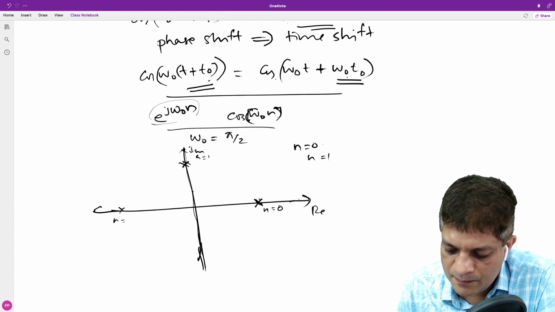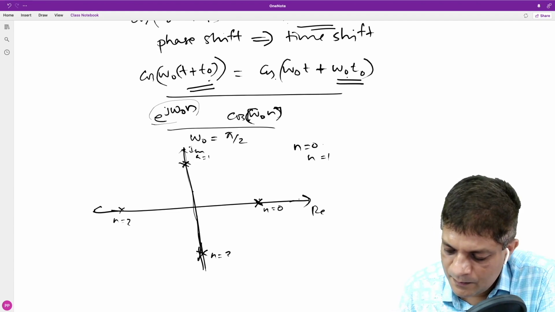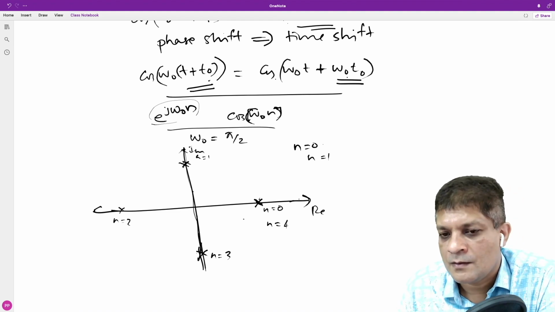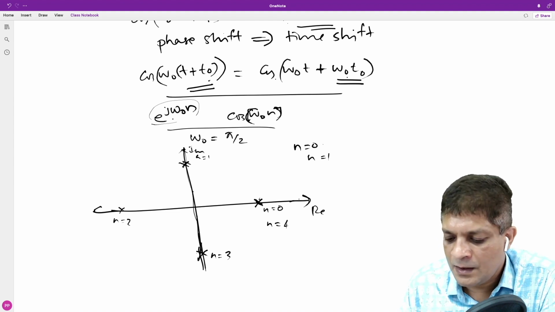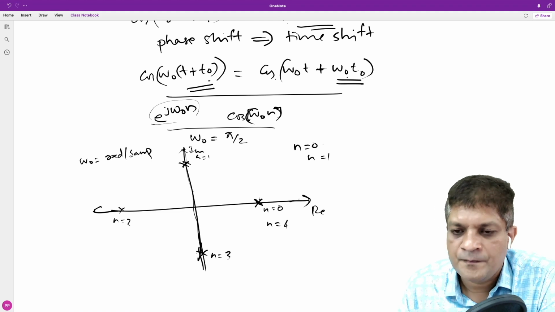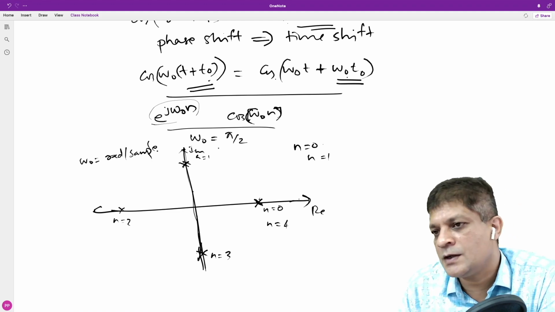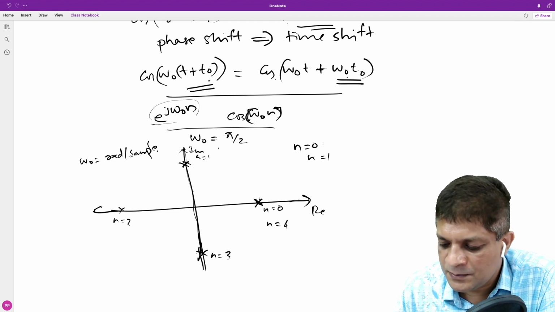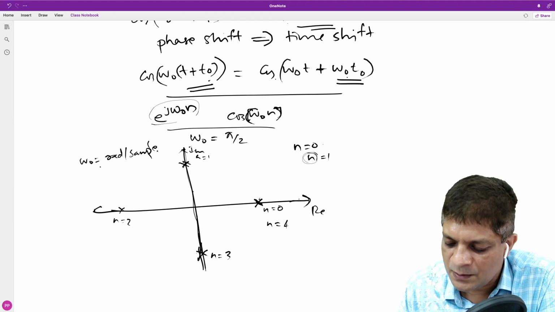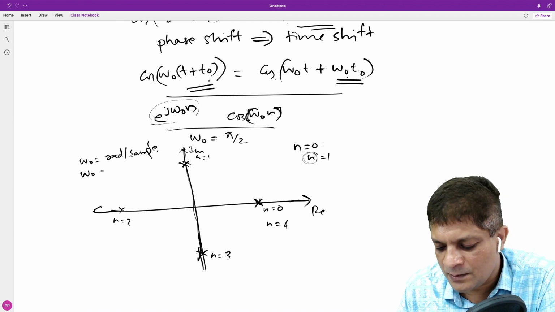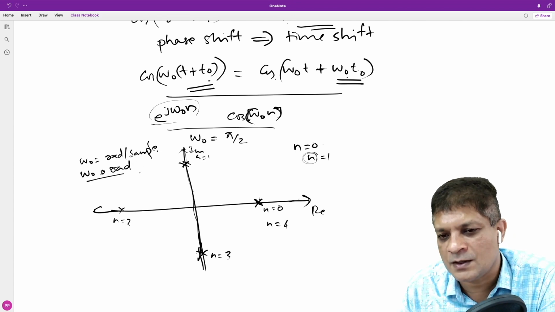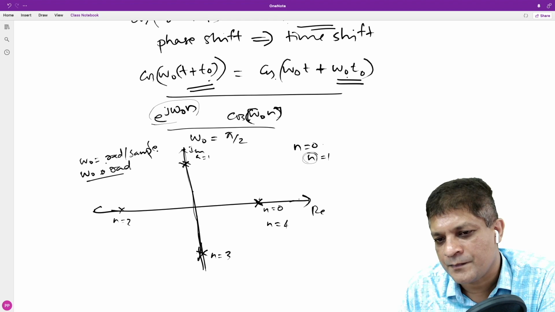And then, is it that? So here omega naught is in radians per sample. Most of the time we consider this n as a dimensionless quantity, so generally we express omega naught in radians only. We don't say radians per sample, it is radians.